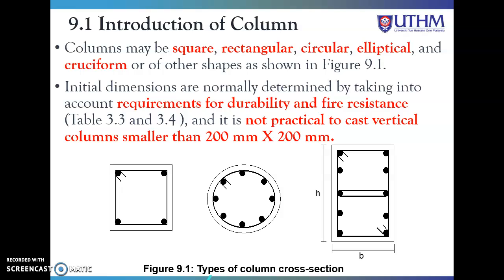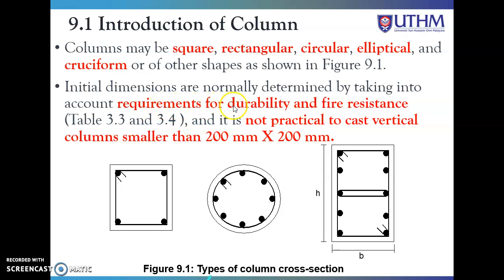Boleh jadi dalam bentuk square, rectangular, circular, elliptical, cruciform or other shapes. Tapi normally yang kita biasa guna adalah square and also the circular, the rectangular. And the initial dimensions are normally determined by taking into account the requirements for durability and fire resistance.